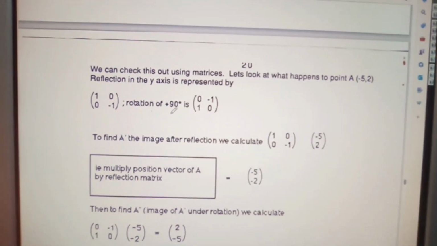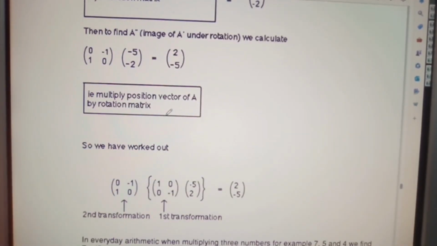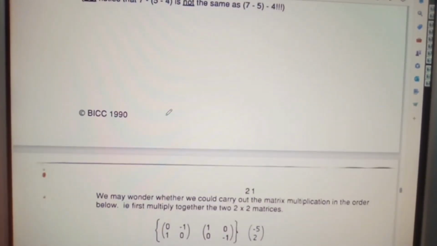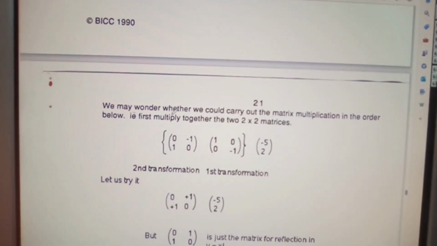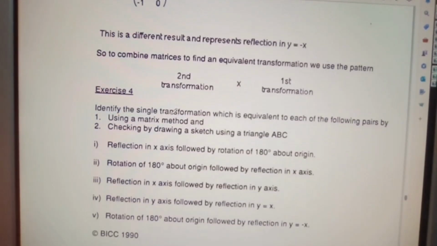And again, keep that in mind, make sure that you understand the concepts, know how to write them out. Second and first transformations, okay?